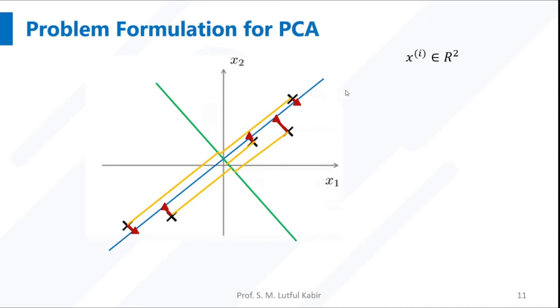So this is the main principle of finding a single dimensional vector, the single vector on which the projection will be made. So these are the points on the line for the second case, that means when the green line is treated as the direction of the projection, but it's not the best line.